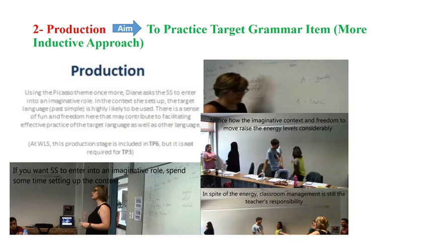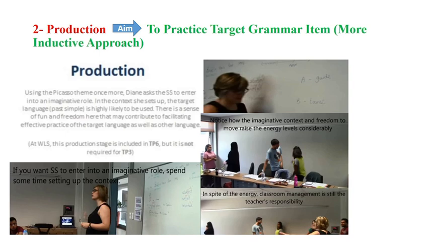Finally, we try to summarize the model. First, warming up: setting up the theme of the lesson with a communicative activity. Presentation, first part: present a text with examples of the target language, and set questions that will allow you to put model sentences on the board.